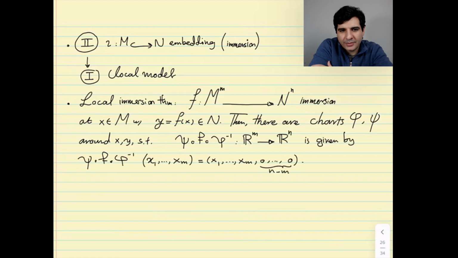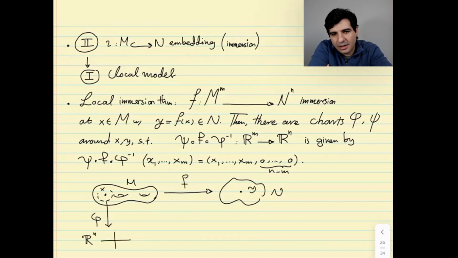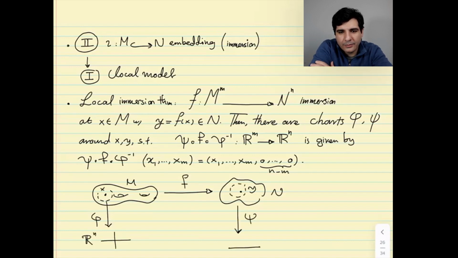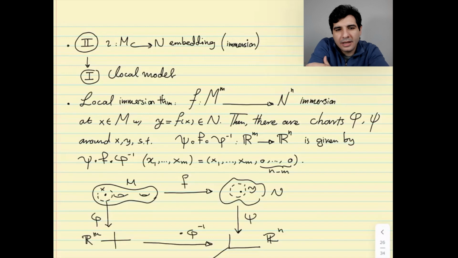Right? So just schematically, let's say this manifold is M, and this manifold is N. Let's say we have some immersion F at the point X, and here we have Y, which is F of X. So it says there is some open set around X and a map phi to Rm, and some open set around Y and a map psi to Rn, such that when you look at this composition, where you first go up with phi inverse, then f, then psi, you get a map from Rm to Rn.